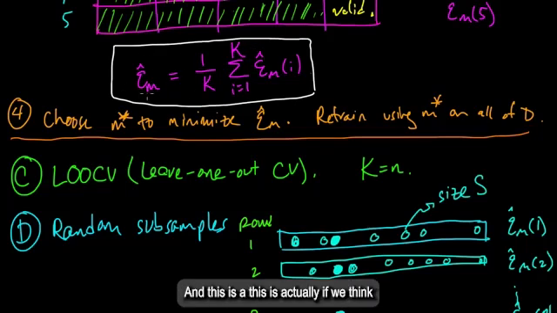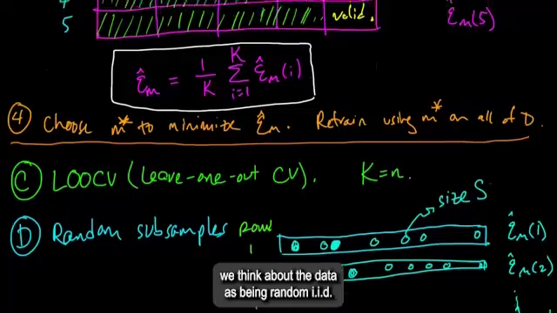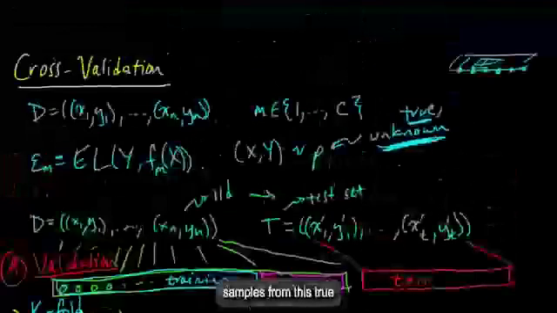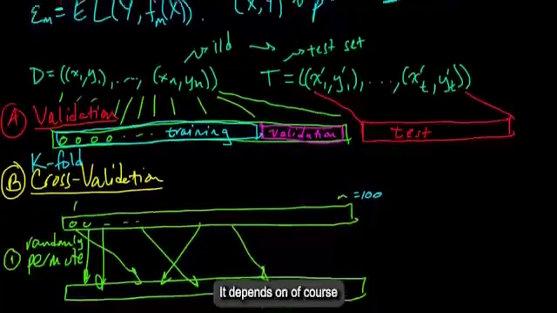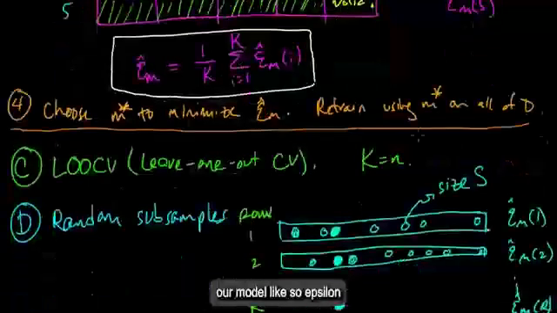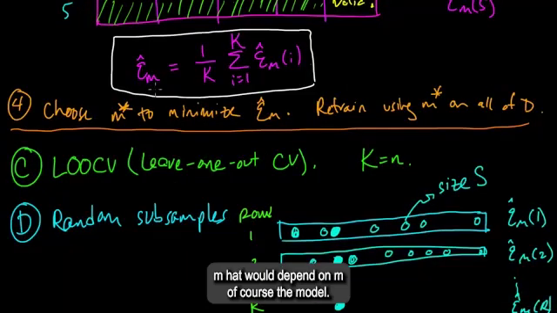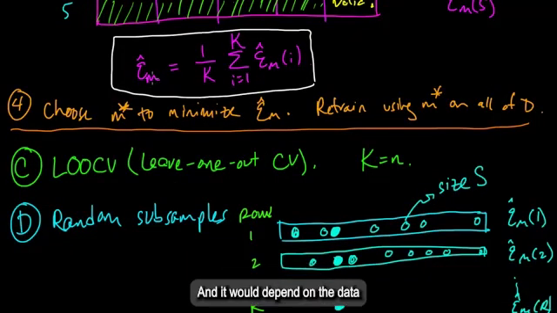If we think about the data as random IID samples from this true unknown distribution P, then this epsilon hat m is a random variable that depends on the data. And it also depends on our model m, and it would depend on k.